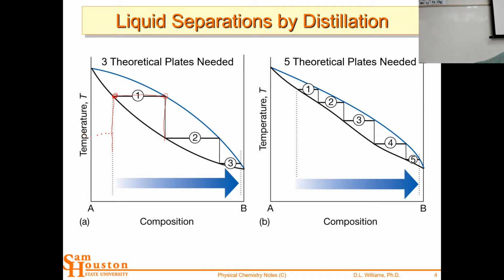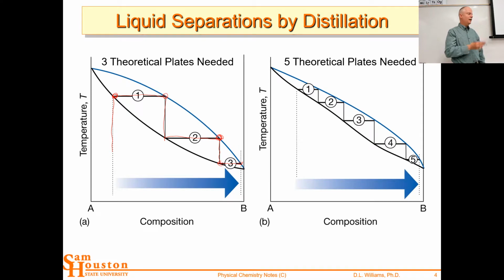Notice this is a lower temperature, so it boils at a lower temperature in the fractioning column, and even more enriched vapor goes higher in the column, and it condenses again. If we just did this in 3 steps, we'd have mostly B. So this would be very easy to separate if we had this kind of phase diagram after 3 theoretical plates. We'll talk about what the plate things mean in a second.